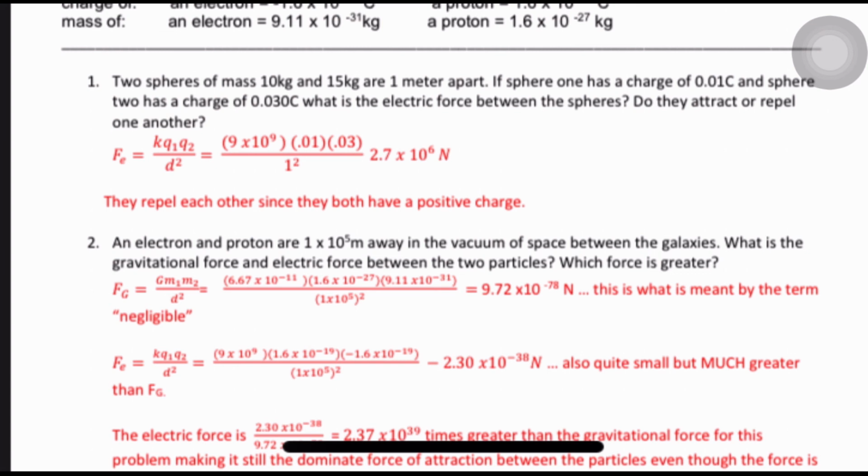I don't know if this question was necessary, but the answer ended up being electric force, and it told you how much greater it is than gravitational force for this problem.